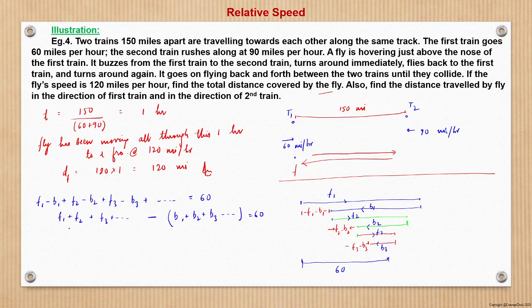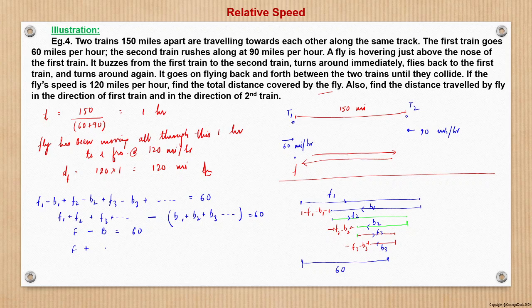So the sum of all the F's I can write as net forward movement, and the summation of the B's as net backward movement. So net forward minus net backward movement is 60 miles, and we know that the total movement of the fly is 120 miles.